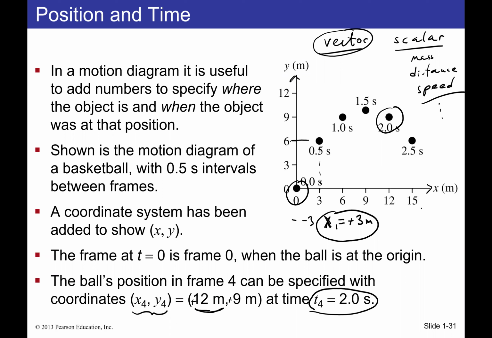But when I tell you move 20 meters to the left, then I'm giving you a very specific distance and direction. That's a vector, because I'm giving you not only how far to move, but also in which direction. So that's what we're going to be doing.